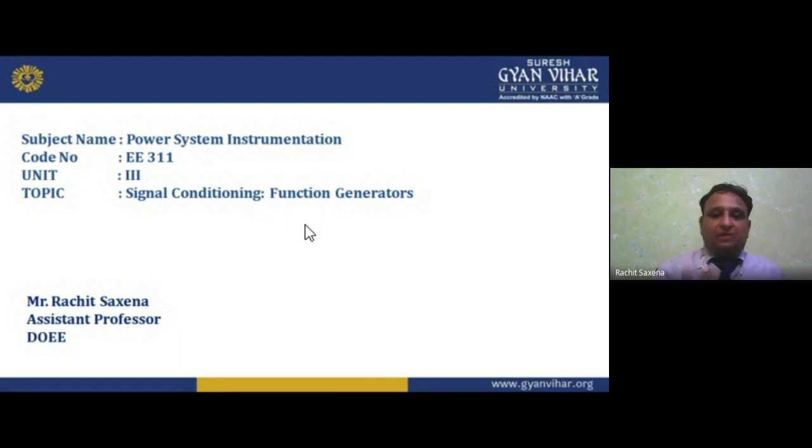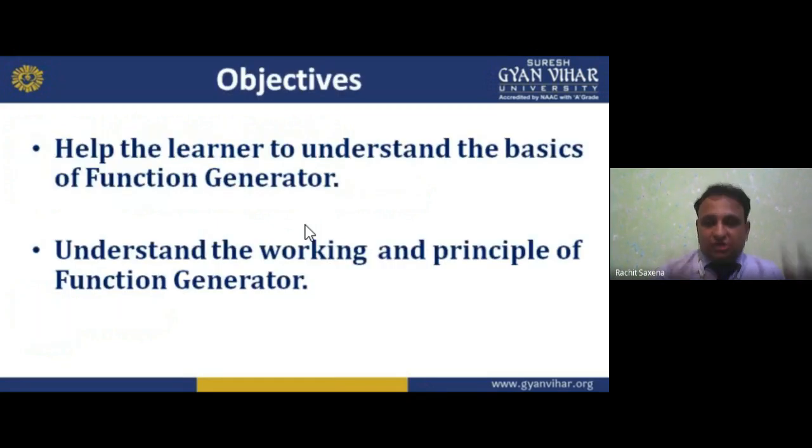Now, the thing which I want to deliver to you today is the function generator. My dear student, in this lecture there will be some objectives. What is my objective? First, to help the learner, that means you, the student, to understand the basics of the function generator. What is a function generator? How does it work?